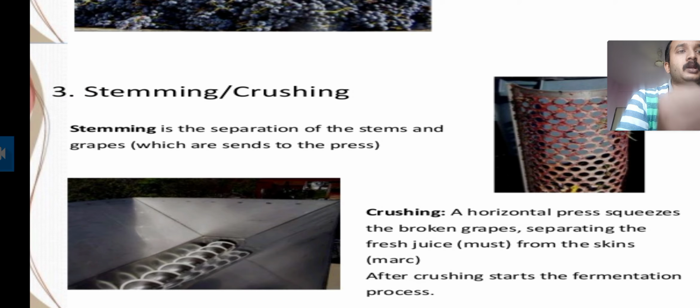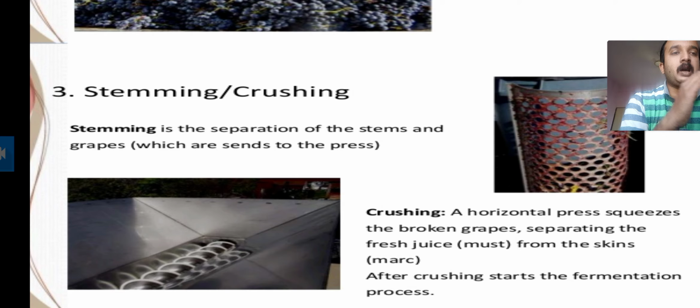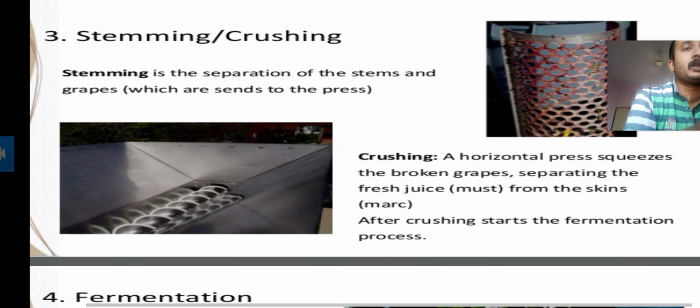You harvest the grapes and then stem or crush them. What does stemming mean? Some stems and buds are joining the grapes, and they are removed in stemming. Stemming is the separation of the stems and the grapes, and the grapes are then sent to the press.